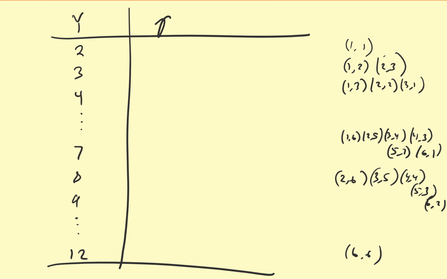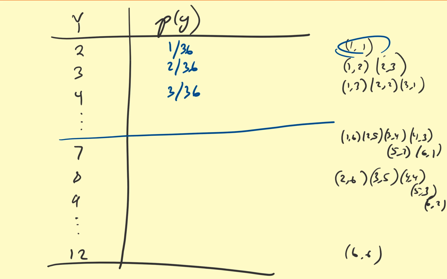So what is the probability of this value y? So the probability of getting 2, well, there's only one event associated with that, so that's going to be 1 out of 36. 3 is going to be 2 out of 36. 4 is going to be 3 out of 36. And this is going to increment by a 36th every single time until we get to 7. Now 7 is going to have the most values, right?